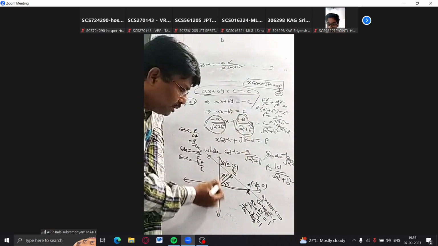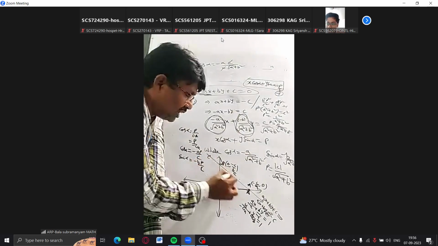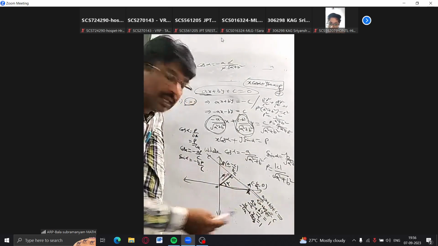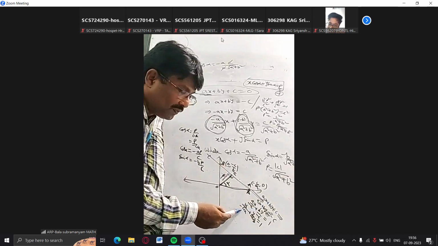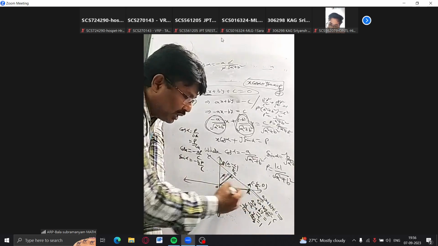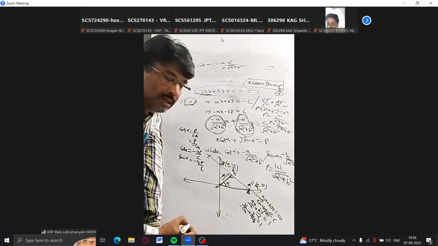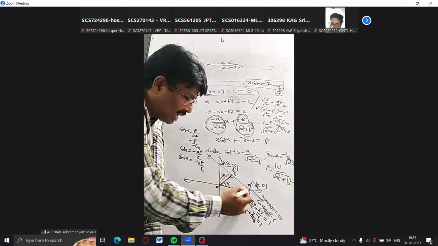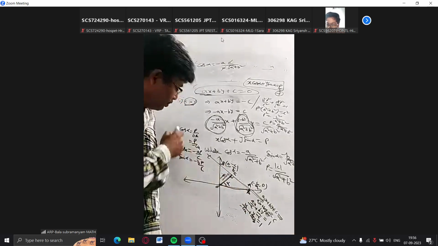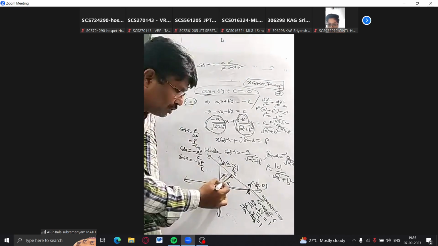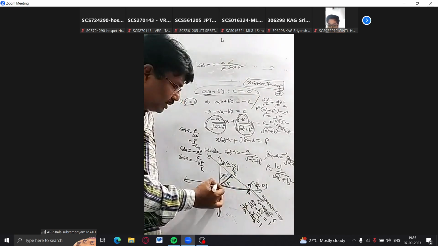Once again, this is the general form AX plus BY plus C is equal to 0. This can be converted into intercept form. So x intercept is minus C by A, y intercept is minus C by B. In triangle AOC, first of all find cos alpha. Cos alpha means OC by OA.